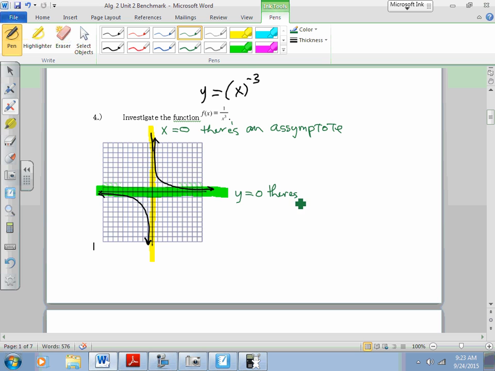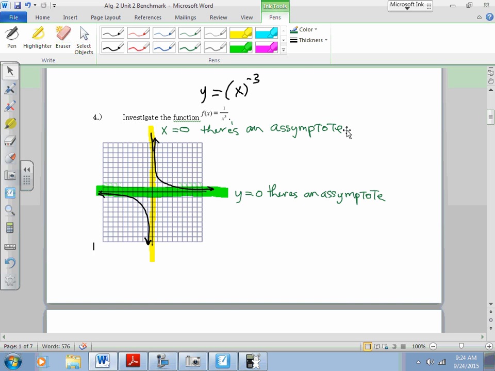Am I using the right one in this case? All right, I'm going to trust that you guys are checking. Does everybody understand why the green line is y equals 0? That is the x-axis. If you were to graph y equals 0, it's the whole x-axis. And if you were to graph x equals 0, that's really the y-axis.